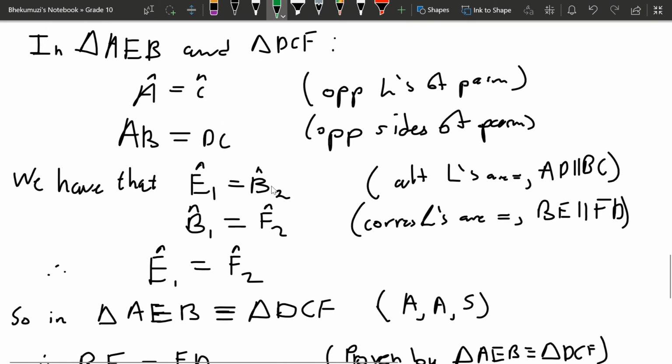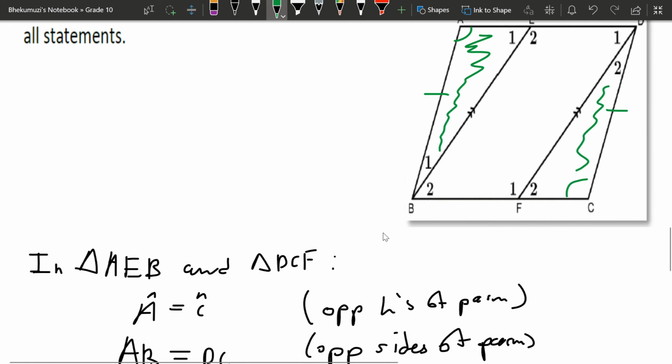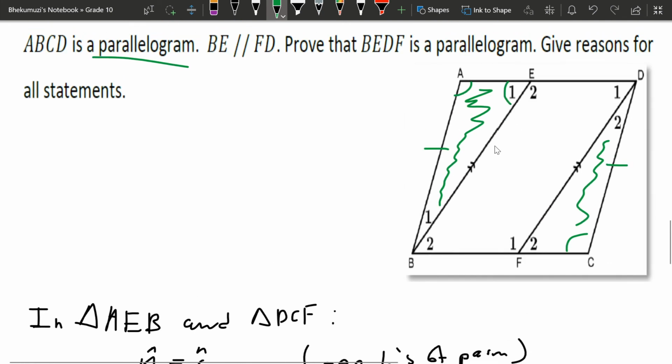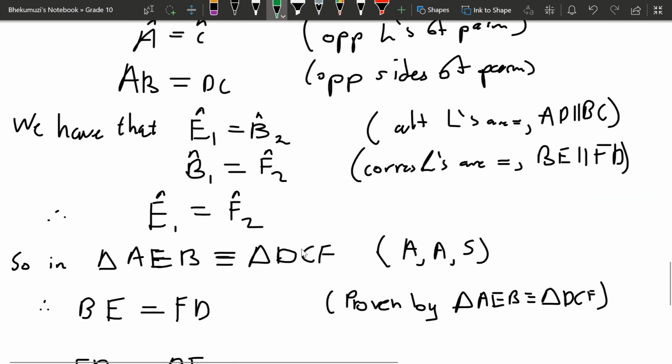So what I said was, okay, we have that E1 is equal to B2. Why? E1 is equal to B2, and this is basically alternating angles. But B2 is equal to F2, if you notice, by corresponding angles, because DE and FD are parallel, if you remember those theorems from grade 9 of corresponding and alternating, and that's what we find.